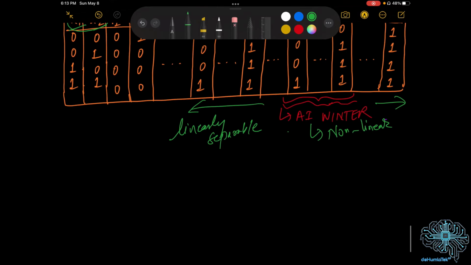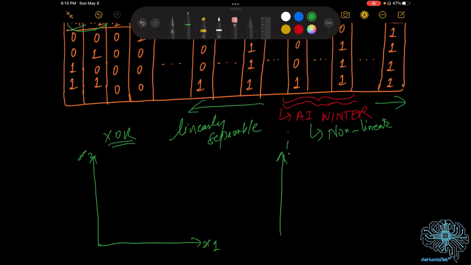Okay, if we see it in a graphical way, this is for XOR, and these are the two variables, x1 and x2. And if we look at XNOR, this is also x1 and x2. So this is 0 0, 1 0, 0 1, 1 1.